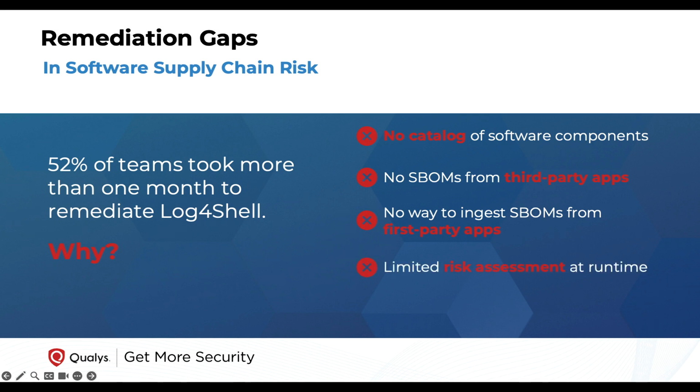There's a limited risk assessment at runtime. That means you have to target your scans very deeply, and that assessment is not usually done continuously by the teams. And then there's a lot of manual remediation, especially if you don't understand the business context of these assets and applications.